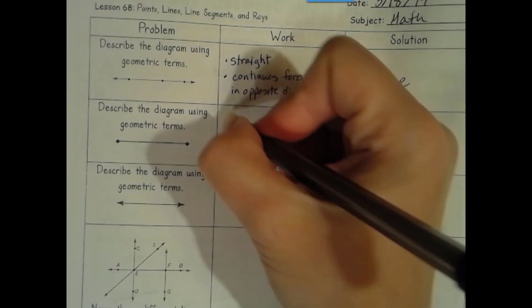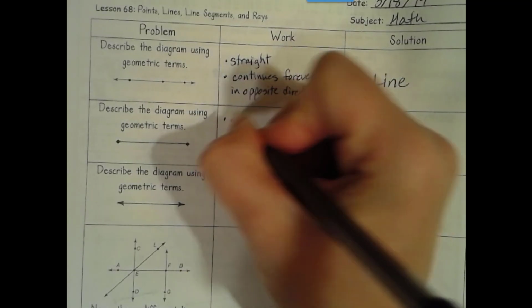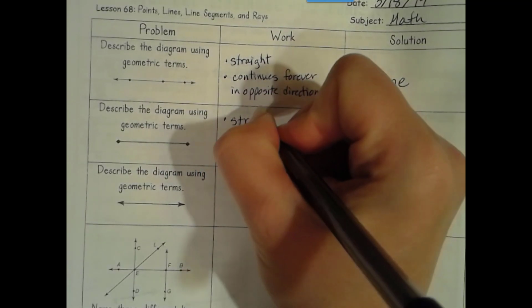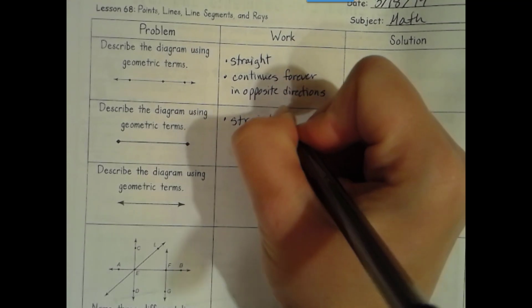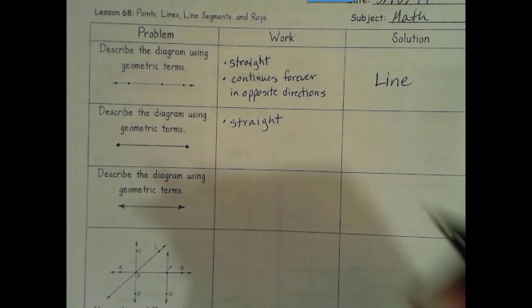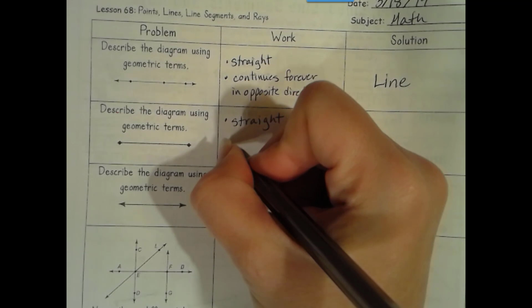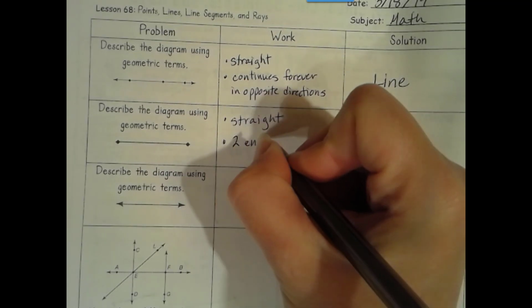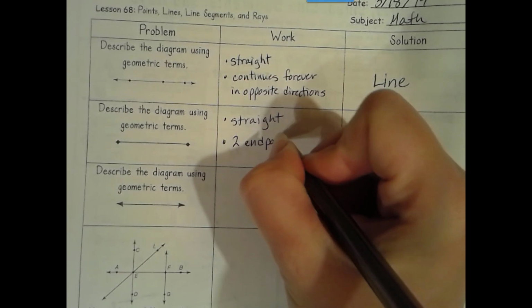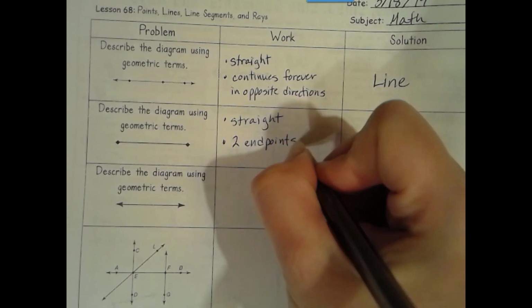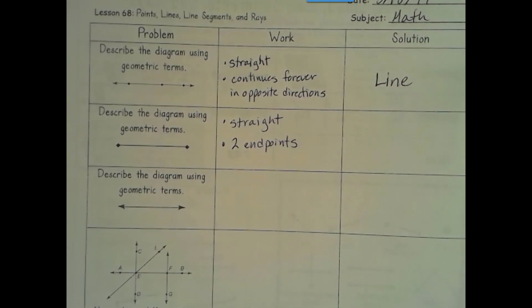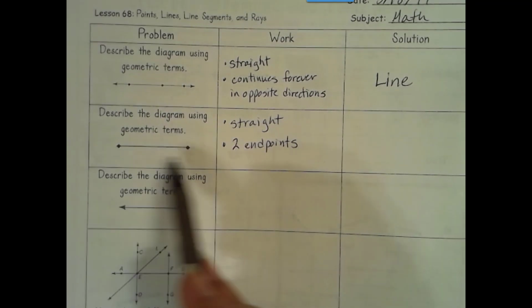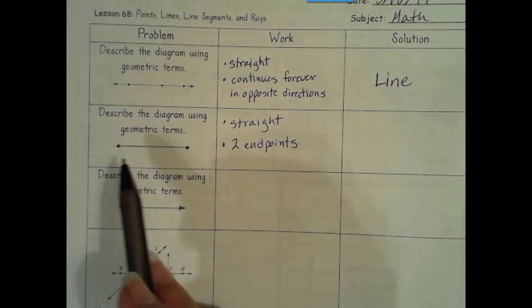Here it is straight, the diagram. No curves. Must be straight. 2 endpoints. So it's straight and it has 2 endpoints.